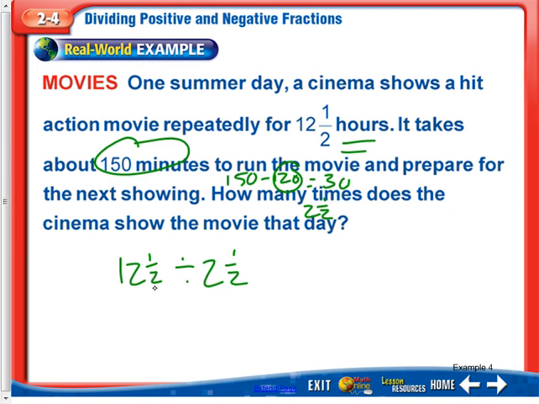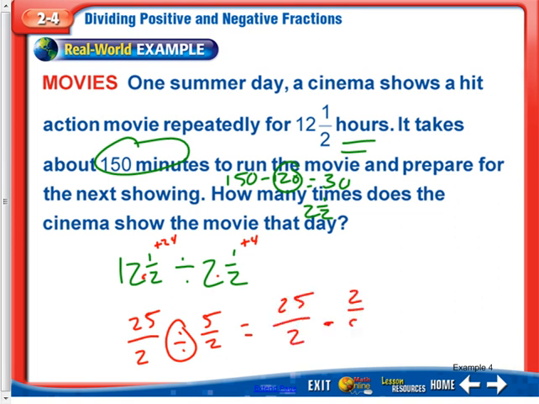Now I have to get these into improper fractions, so 12 times 2 is 24, 2 times 2 is 4. Let's go 25 over 2 divided by 5 over 2. Now let's rewrite it as multiplication: 25 over 2 times 2 over 5.